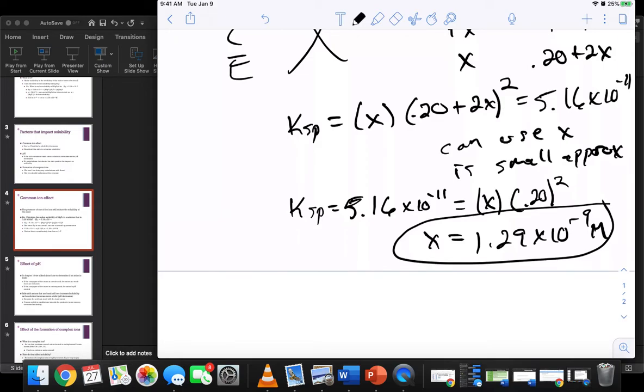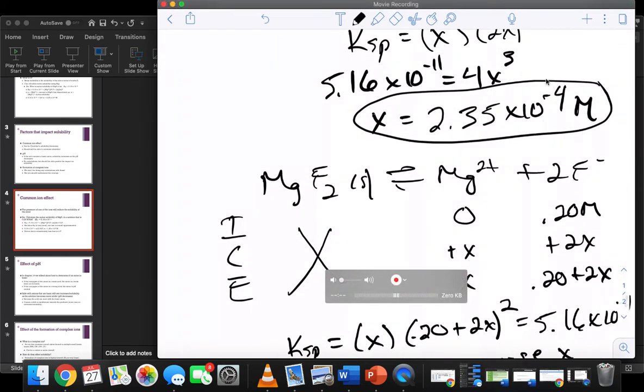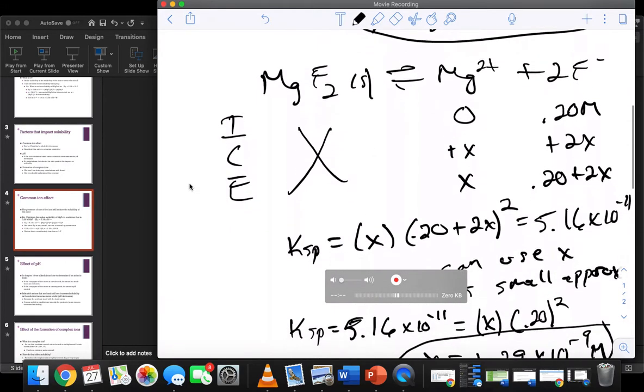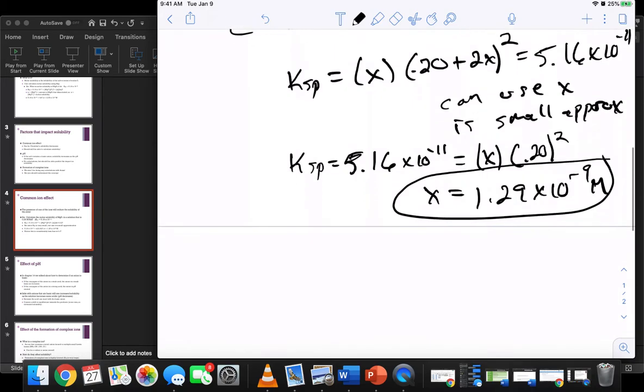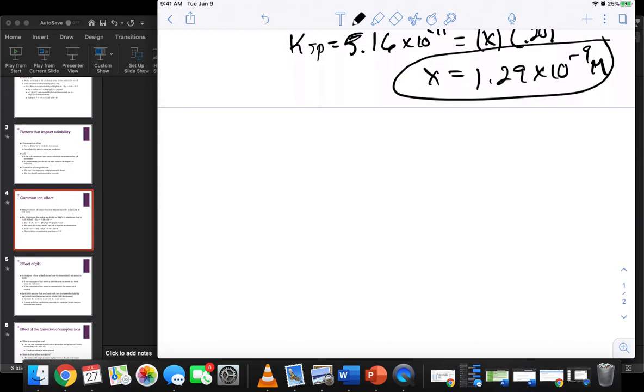And we see that if the fluoride ions were there, our solubility was 10 to the minus 9. But initially, without any of the fluoride there, it was 10 to the minus 4. That's 5 orders of magnitude different, right? So we're talking about a 100,000-fold difference in terms of the solubility just by having that fluoride there.